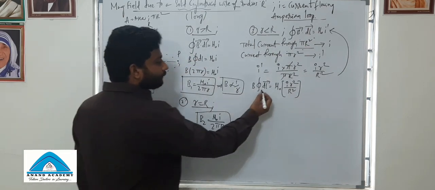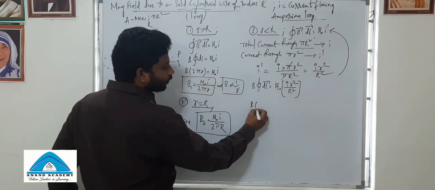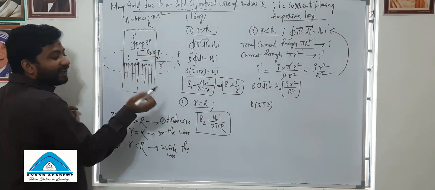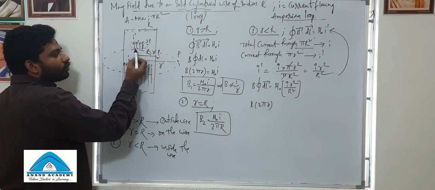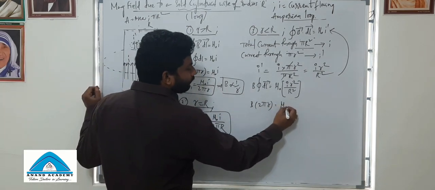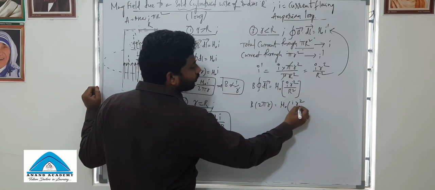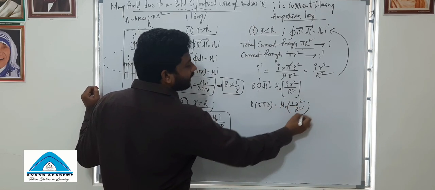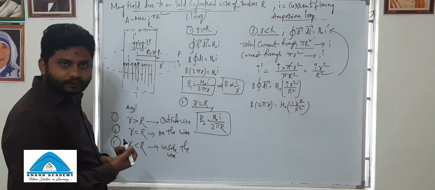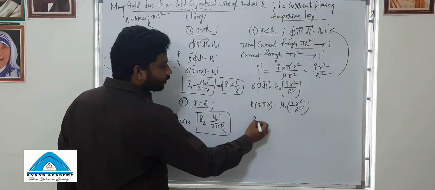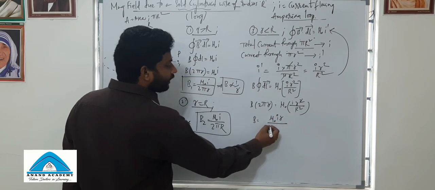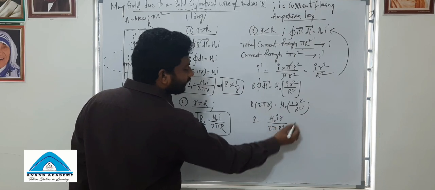So B into 2 pi r, since the integral of dl is 2 pi r, is equal to mu naught into I into small r square by capital R square. Small r cancels here. Now B is equal to mu naught I into small r divided by 2 pi capital R square.